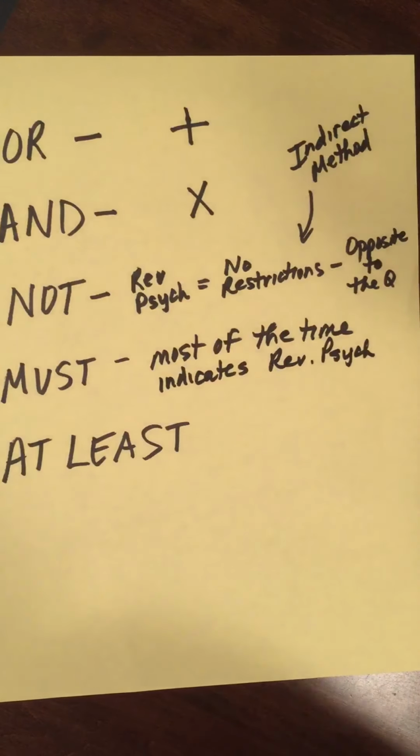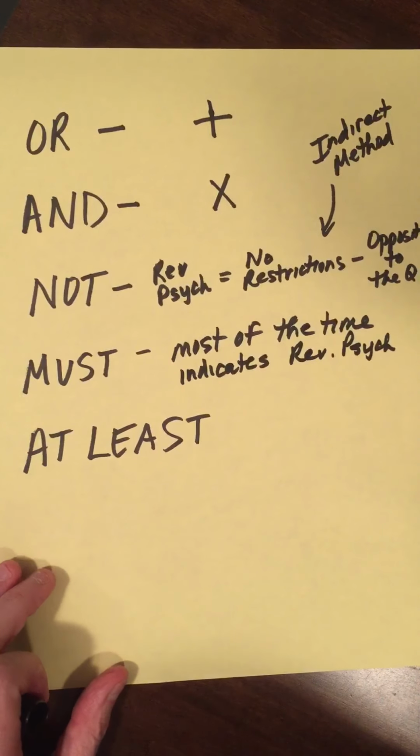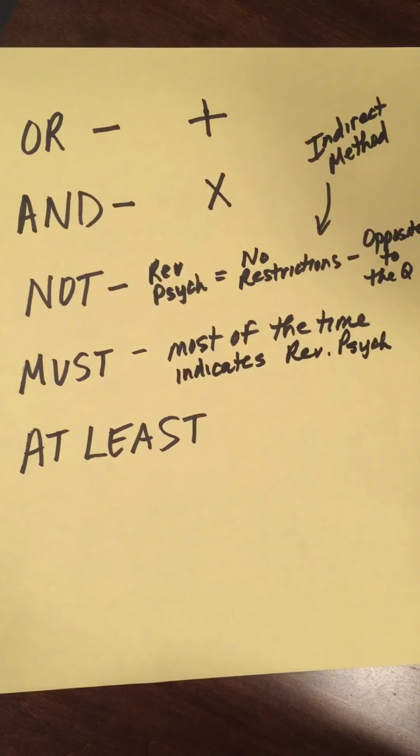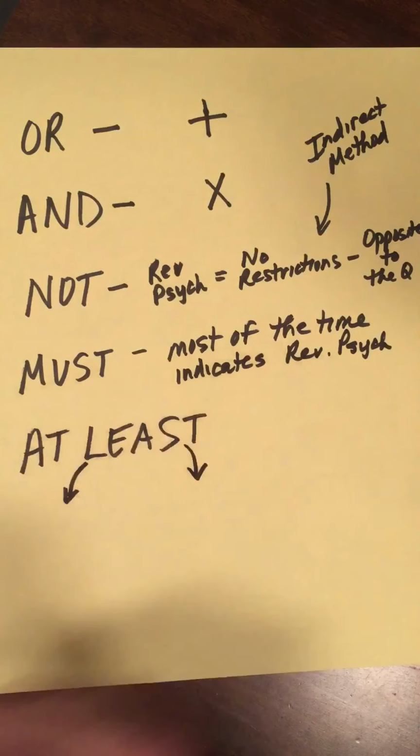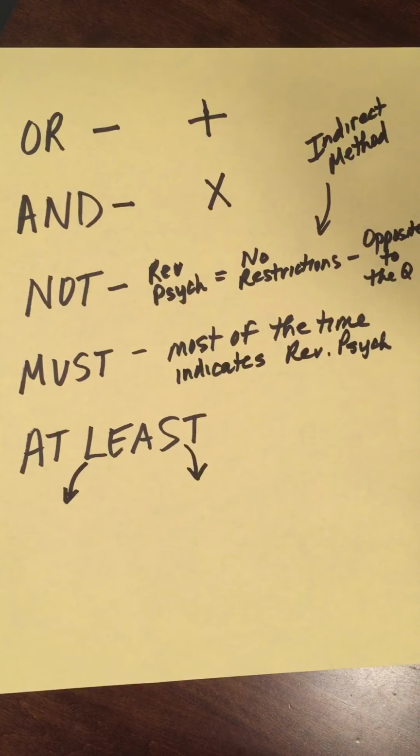That's part of the problem sometimes with permutations and combinations. It's not always. But in most cases, the word must kind of gives you an idea that it's a reverse psych question. Okay, now, the words at least can go 2 different ways, and it just depends on the way the question is worded.